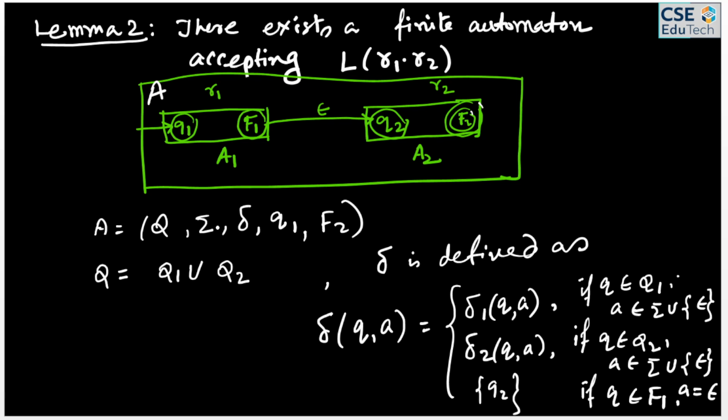Now we have defined the final automaton. What we claim here is that the language accepted by this final automaton A is equivalent to the language accepted by automaton A1 followed by the language accepted by automaton A2.